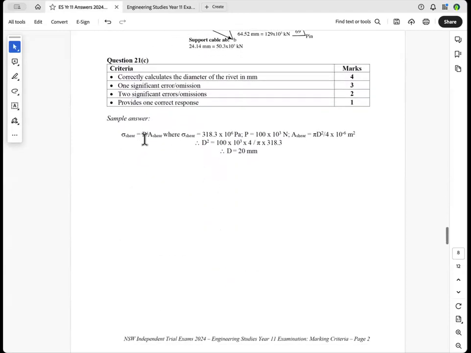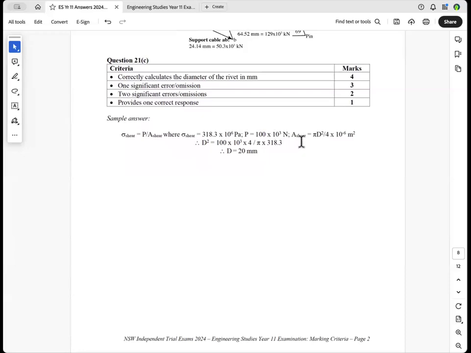So shear stress is equal to load over the area of shear, where the shear stress is 318.3 times 10 to the 6 pascals. Make sure you don't put megapascals in because you'll be a million out. And the load is 100 times 10 cubed. Some of you missed that 10 cubed newtons.